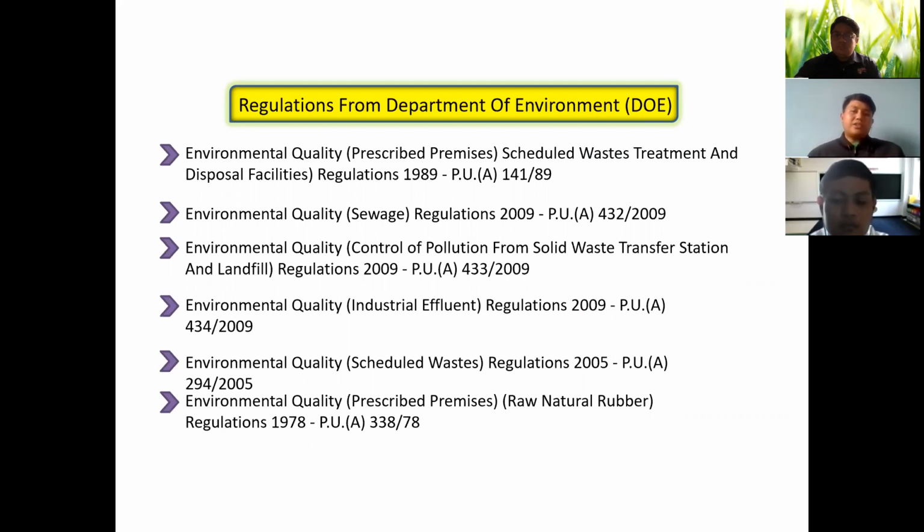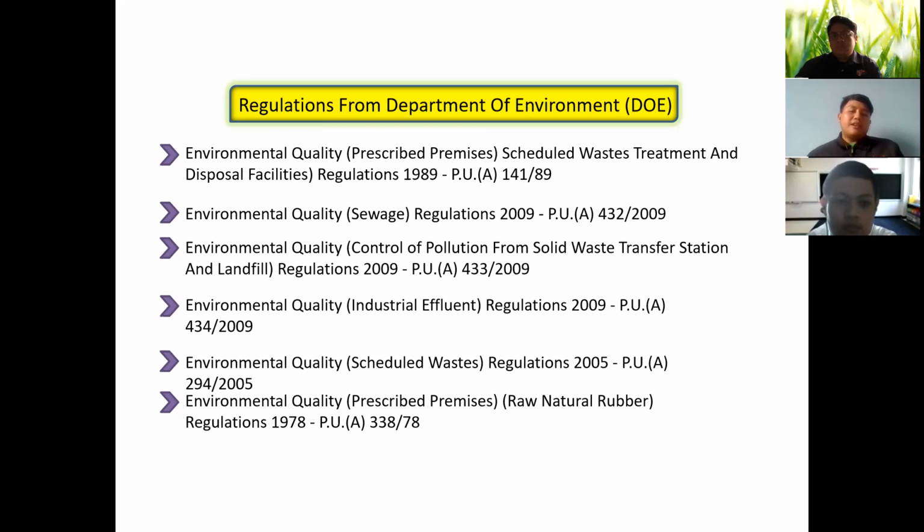This is the regulation from the Department of Environment. As you can see, firstly, the Environmental Quality Prescribed Premises, Schedule Waste Treatment and Disposal Facilities Regulation from 1989. Then the Environmental Quality Sewage Regulation from 2009. Environmental Quality Control of Pollution from Solid Waste Transfer Station and Landfill, which is a regulation from 2009.